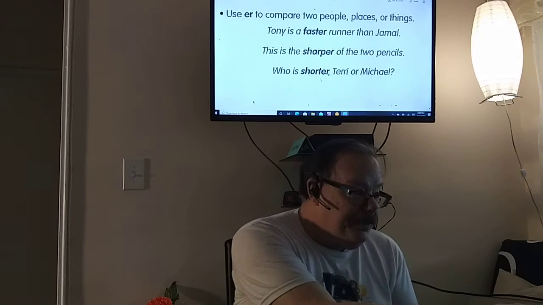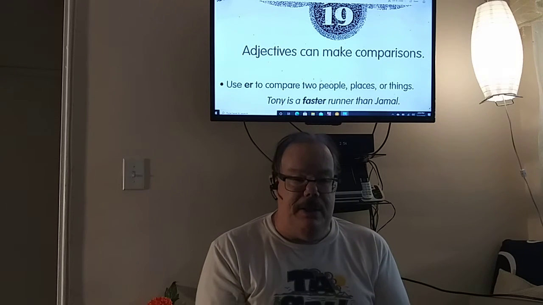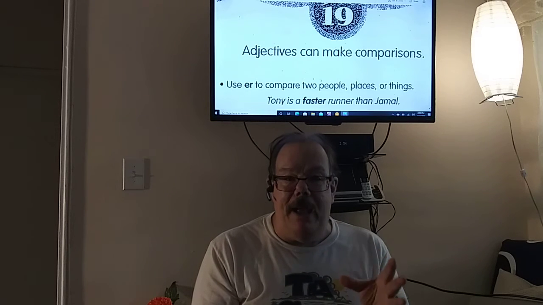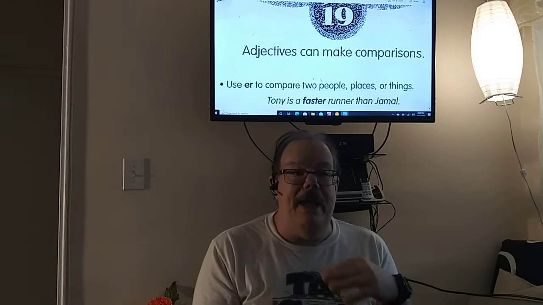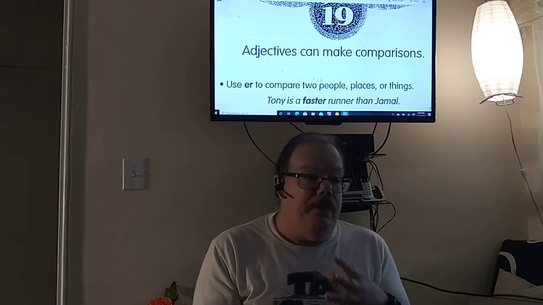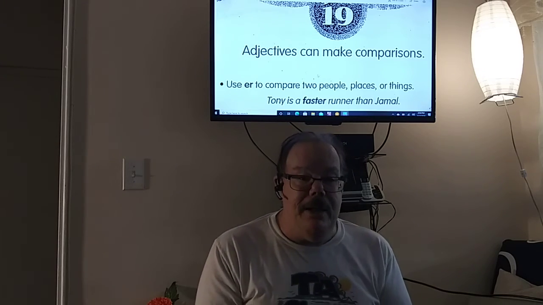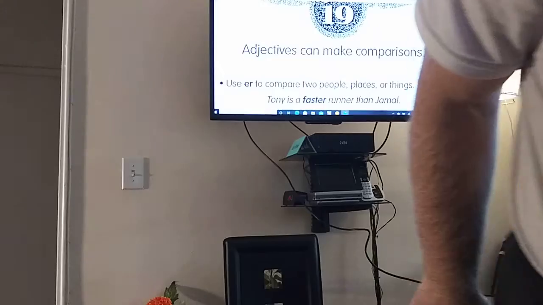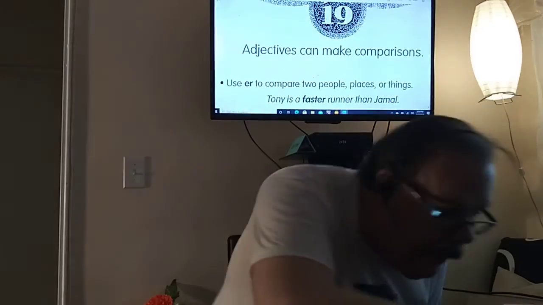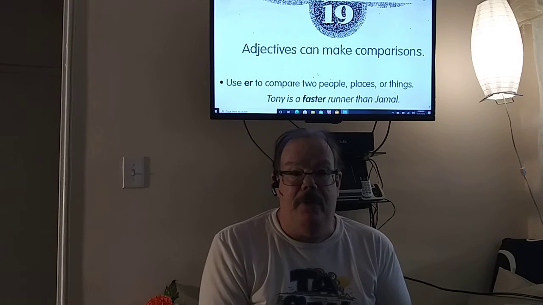Okay, so we're going to be doing some practice, but before we do practice, you have to understand that for some adjectives, we add ER to compare things. For some adjectives, we add more.